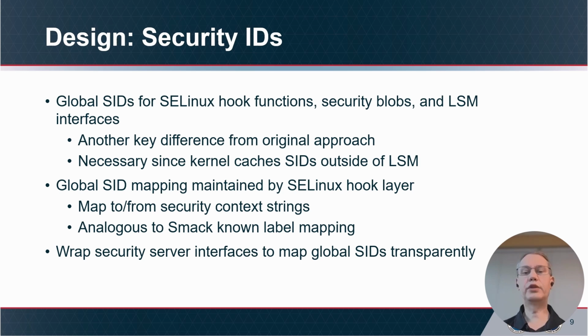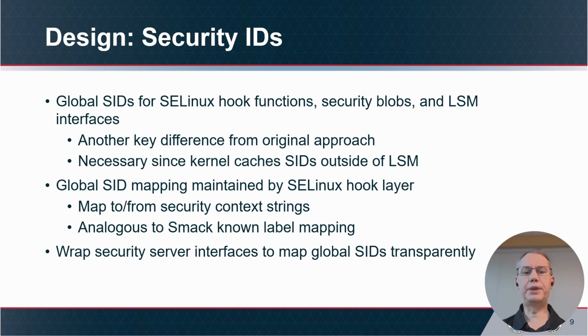Consequently, it was ultimately decided after the redesign conversations last year to introduce global security IDs, or SIDs, and make use of them at the SELinux hook function layer and in its security blobs and LSM interfaces.